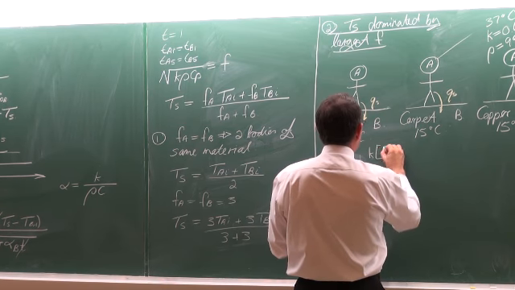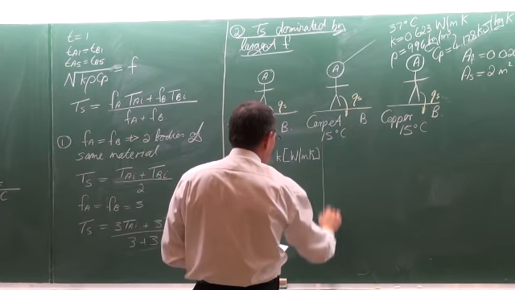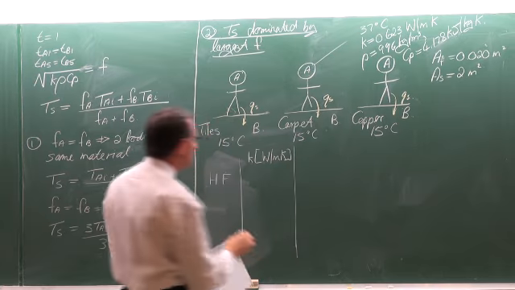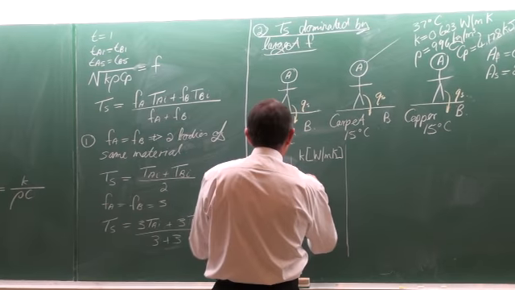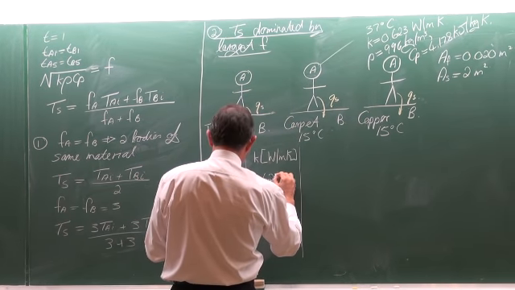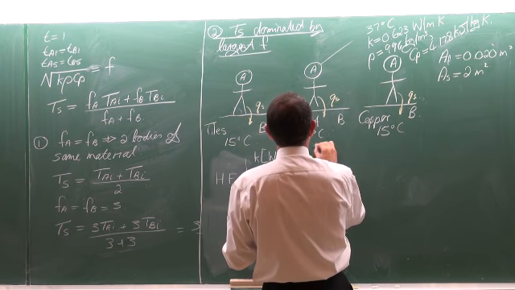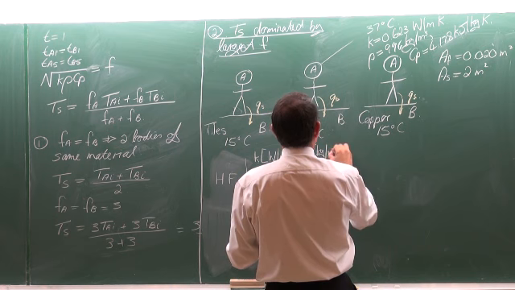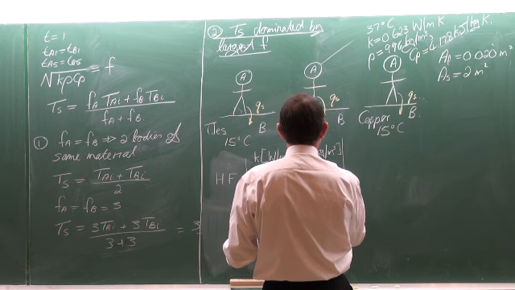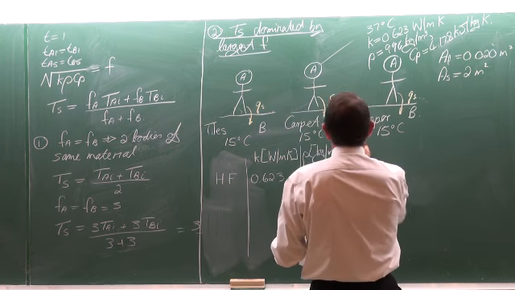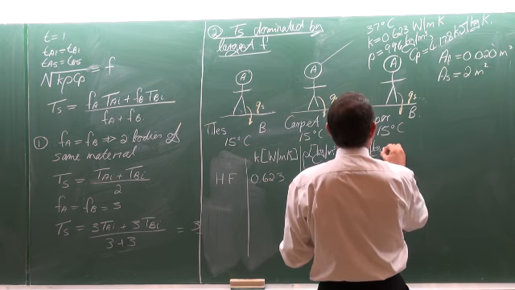Okay, now for human flesh, the K, the thermal conductivity, although we've written it there, I want to put everything together in one table so that we can see exactly what is going on. So for human flesh, the thermal conductivity is equal to 0.623. Okay, the density, kilograms per cubic meter, is equal to 996. The Cp value, now in joules per kilogram Kelvin.